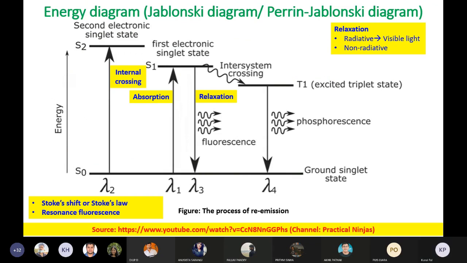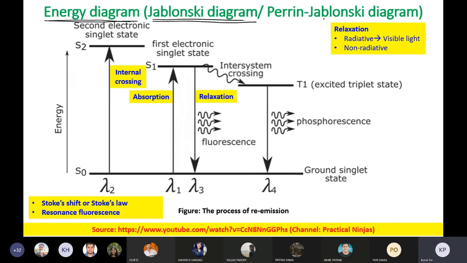Now, why is phosphorescence or fluorescence happening? It can be explained by the energy diagram, which is also regarded as the Jablonski diagram.